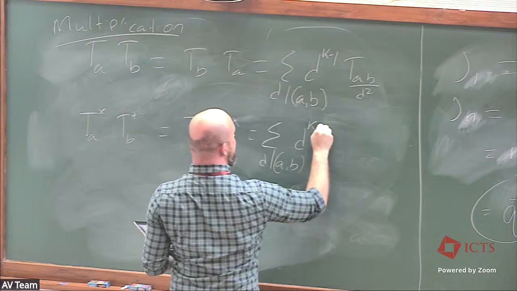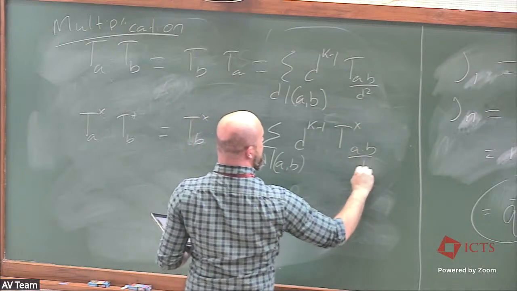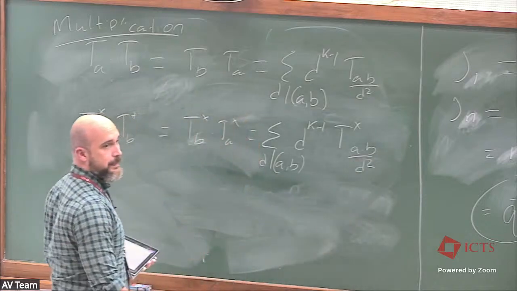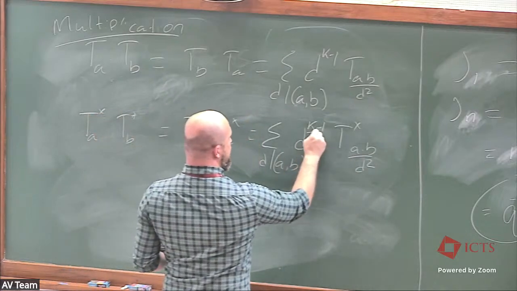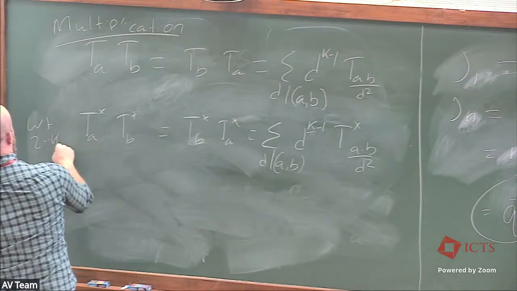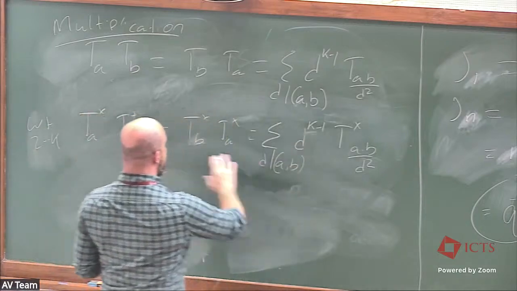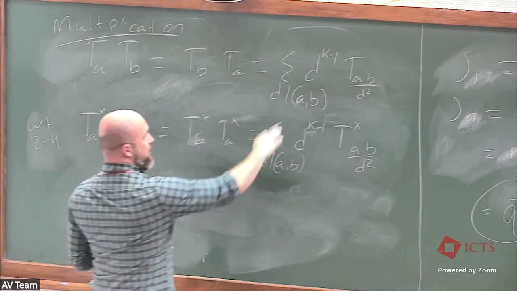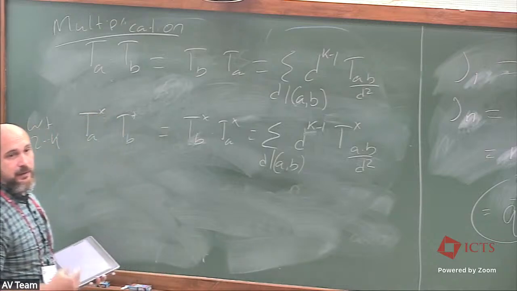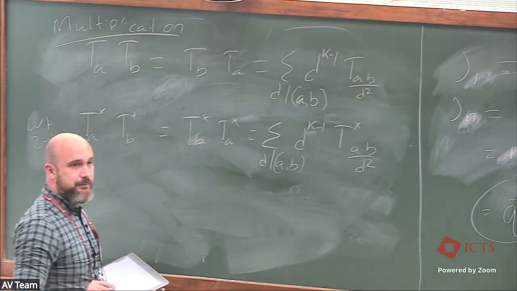It's going to be d to the k minus 1, T*_{AB/d^2}, okay? This is positive. This is in weight 2 minus k, okay? So as long as I write it this way, we end up getting these same formulas here, and they line up nicely, okay? Does that make sense? Okay.